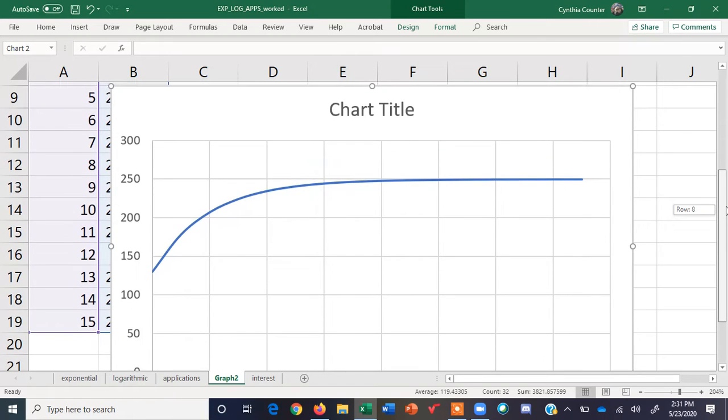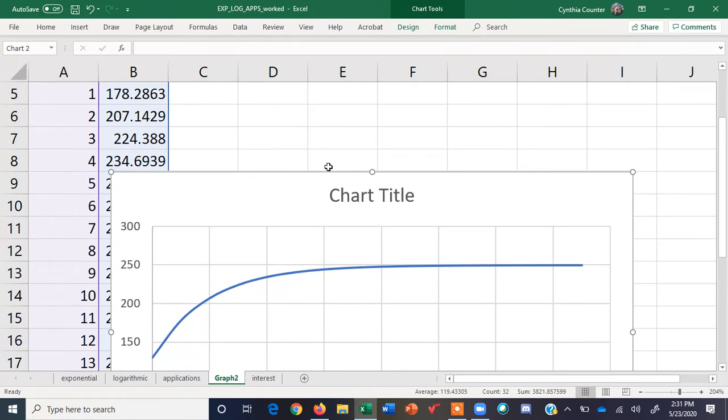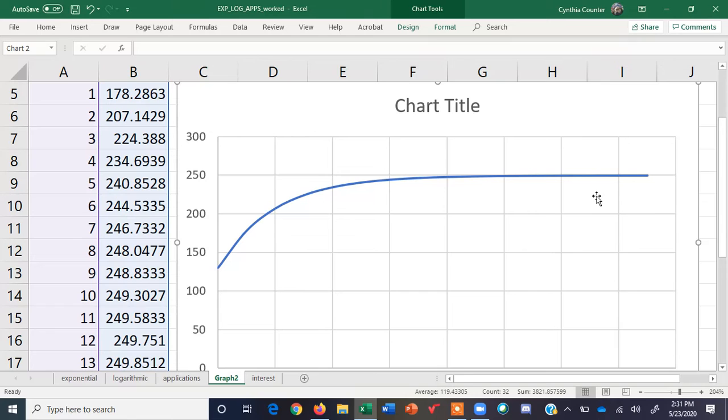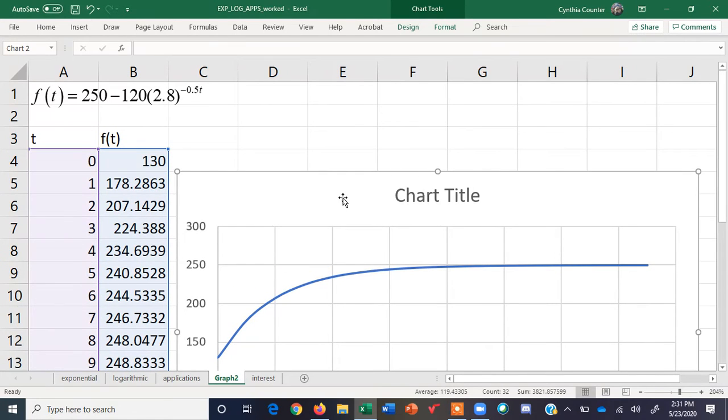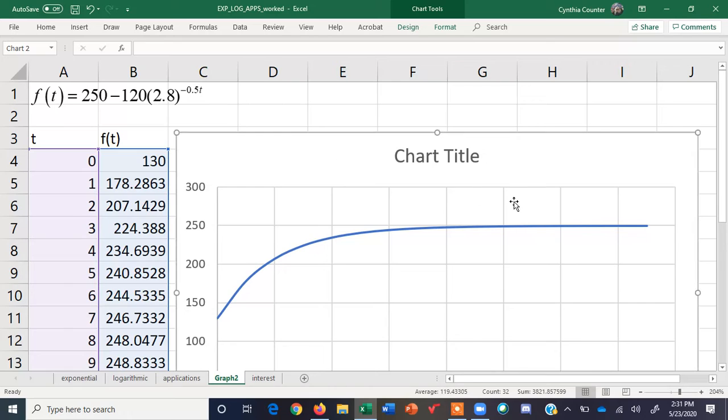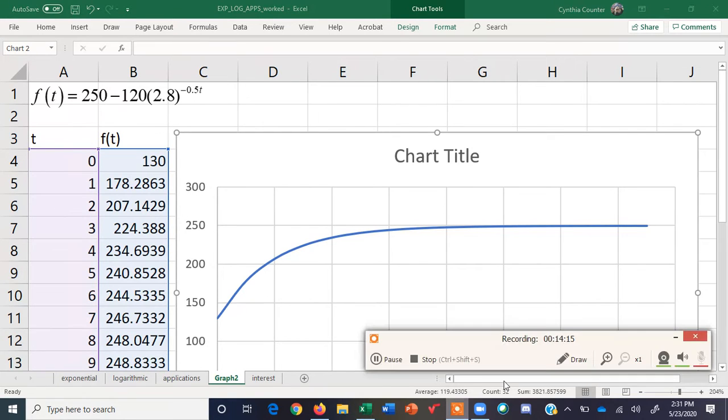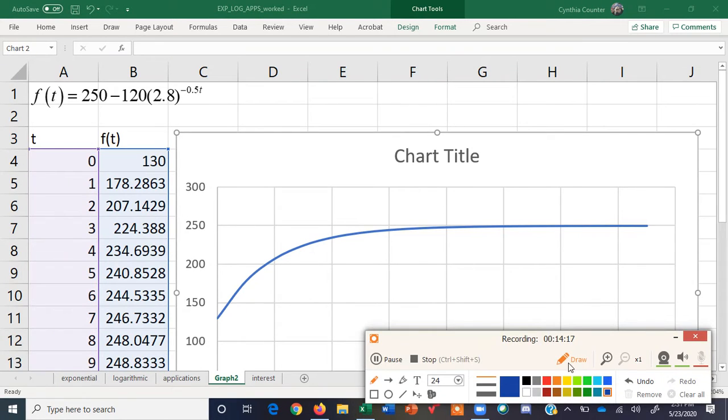And notice this actually doesn't look like our typical exponential function. It in fact looks more like a logarithm, but it's not a logarithm, as you can see. So this type of function, where there's that 250, notice that's our upper bound right there, doesn't get beyond the 250. So 250 is the upper bound.